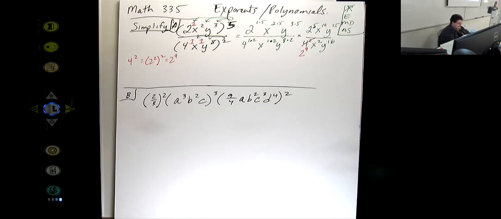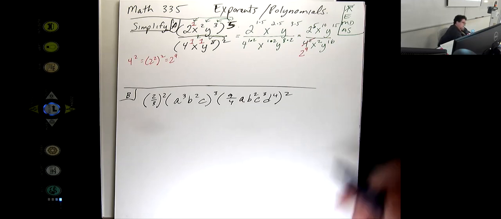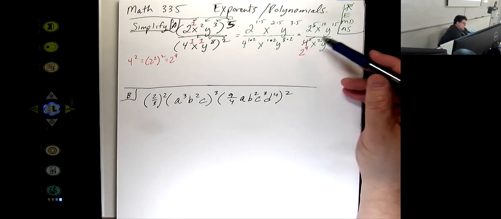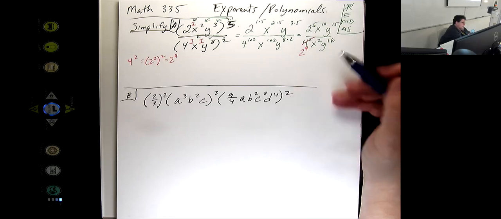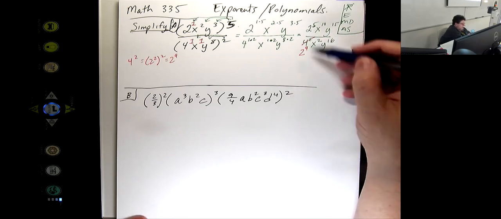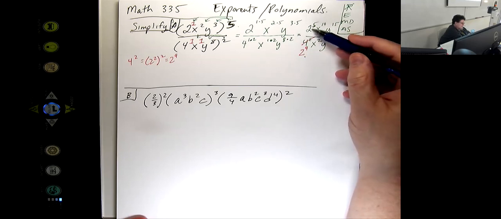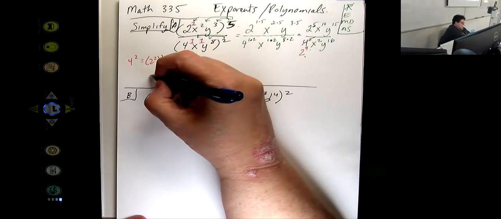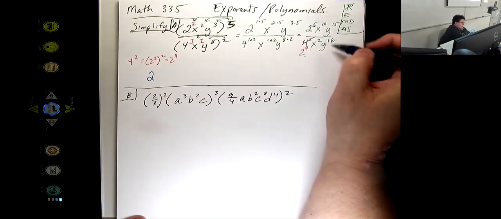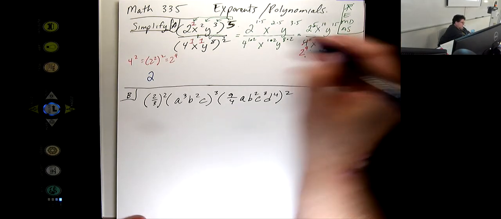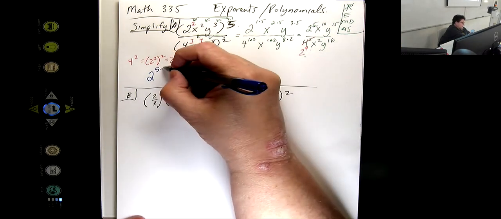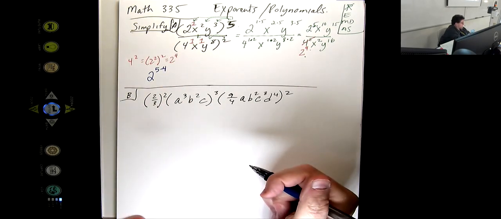Now, I think the easiest way to go from here is to cancel out things that show on top and bottom. When it's division with exponents, we can treat it as subtraction for the exponents. So 2 to the 5th over 2 to the 4th, I can write as 2 to the 5 minus 4.